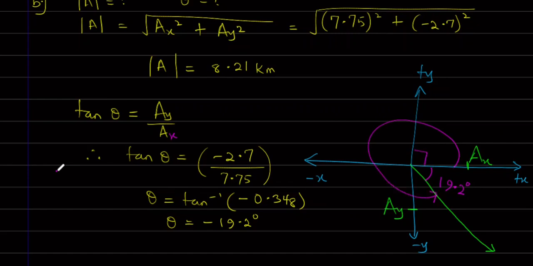Since we have 90, 90, 90 degrees, that's 270. So 270 up to the fourth quadrant, we have 360 degrees. To get the remaining angle, we take 360 minus 19.2. That gives us 340.8 degrees. That is the angle starting from the positive x-axis, or 19.2 degrees below the horizontal.